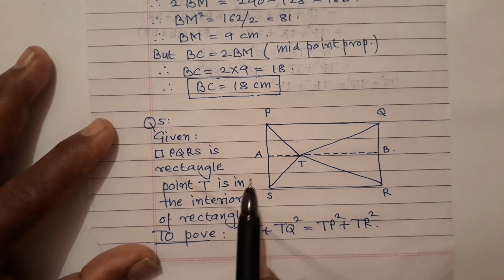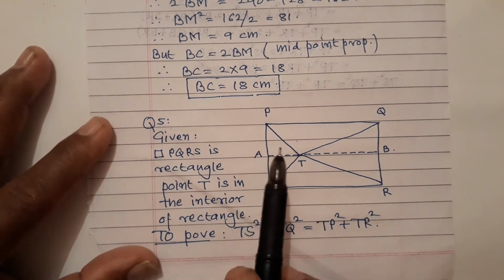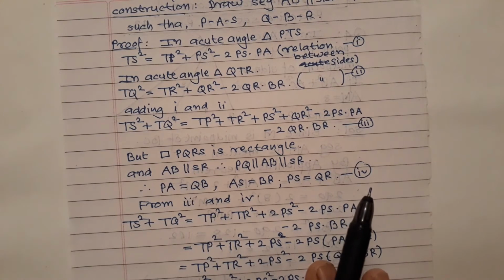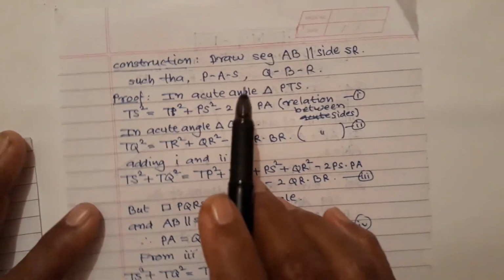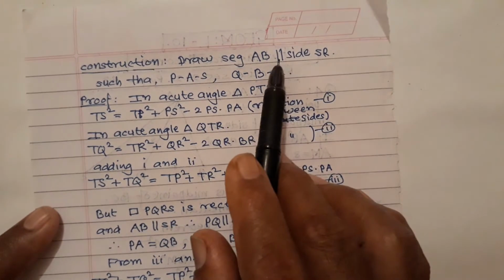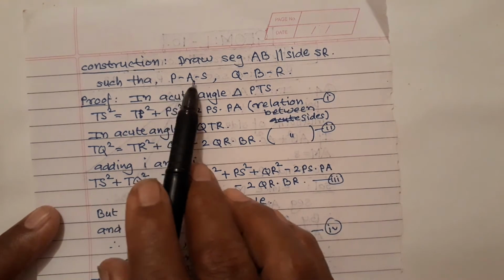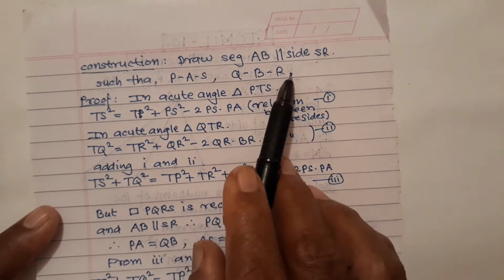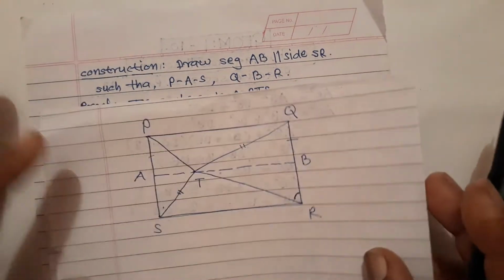Okay. Now this is complicated. Construction is very important. Now I will explain the construction and properties. Construction: draw seg AB parallel to side SR such that P-A-S and Q-B-R. Okay, now try to understand.